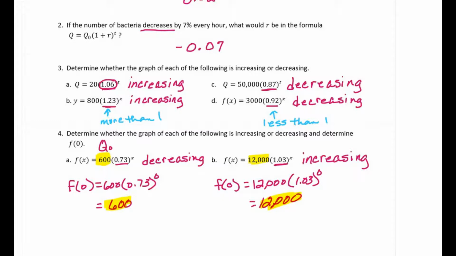So you really don't even need to put 0 in place of x and put this in the calculator in order to answer that question. Your quantity at time 0, or f of 0, is the number that's in front of the parentheses.